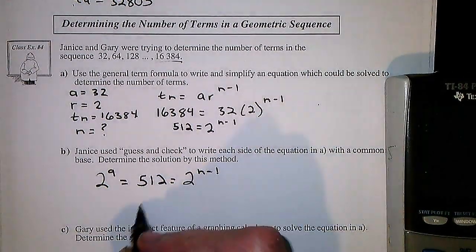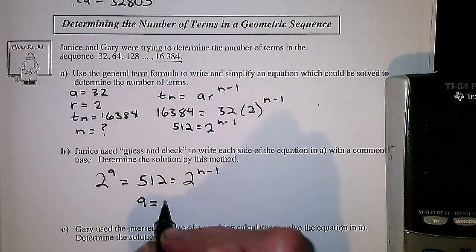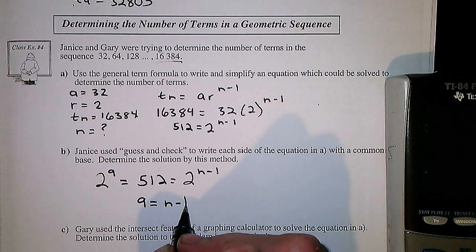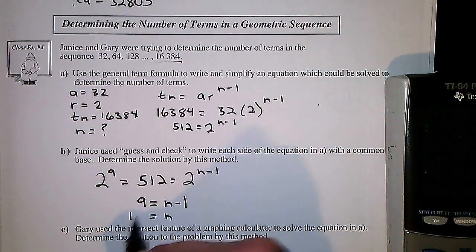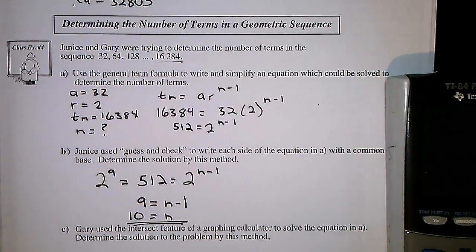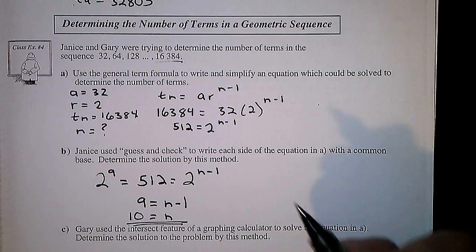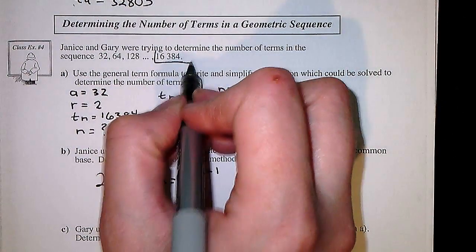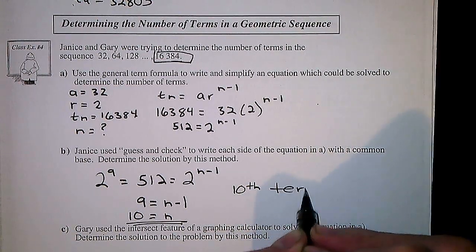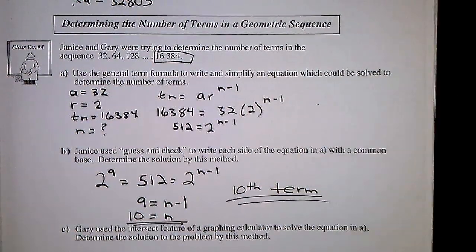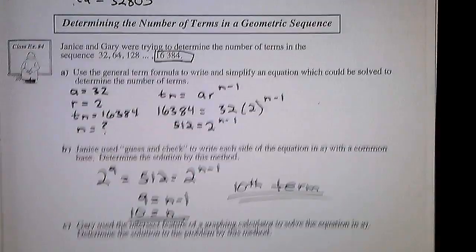So we can assume that 9 is equal to n minus 1, and so n is equal to 10. So we can assume that this number is the 10th term, or that there are 10 terms in the sequence.